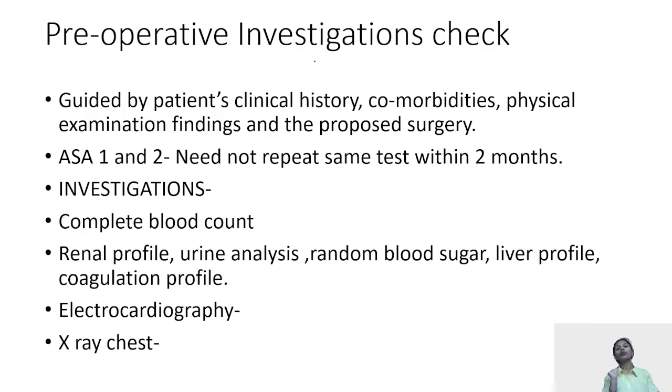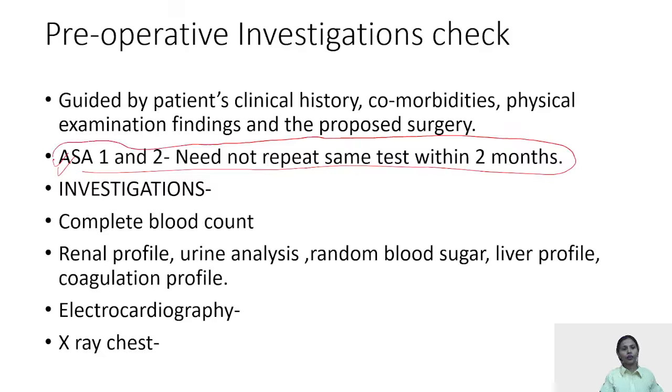We have to give only those investigations to the patient which are actually required. The first thing and foremost asked is ASA 1 and 2: if investigations were done within the last 2 months, you need not repeat any investigation. Okay.